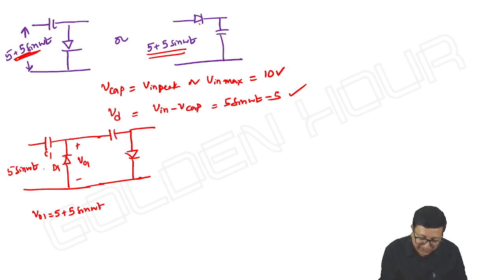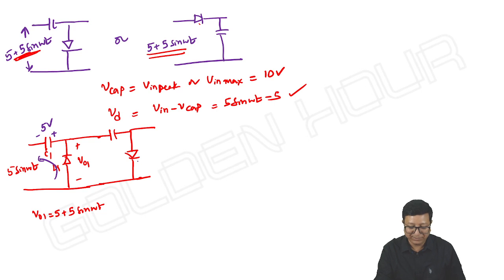Then what happens here? If you observe this, this will charge up to 5 volts, because if the diode is on, current will flow like this. What about the capacitor voltage? Here we have seen V capacitor is equal to 10 volts. Is it not so? And Vd is 5 sin omega t minus 5. Let me take it as VO2. VO2 is equal to 5 sin omega t minus 5.